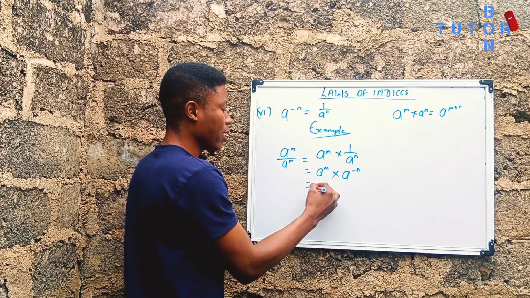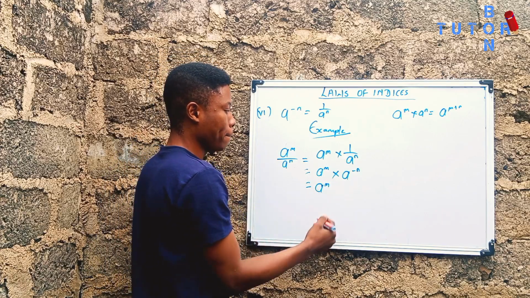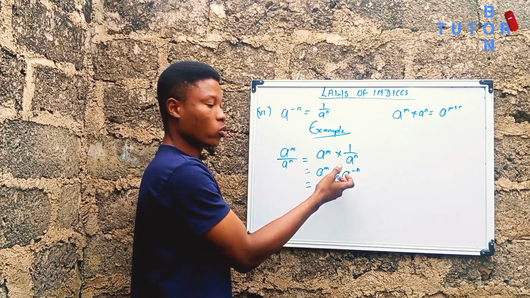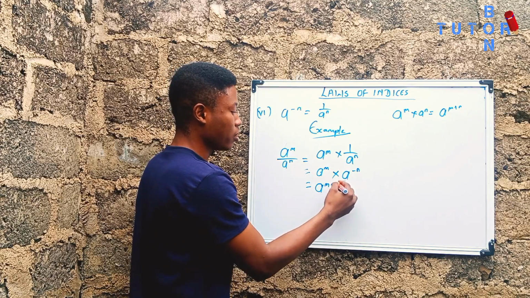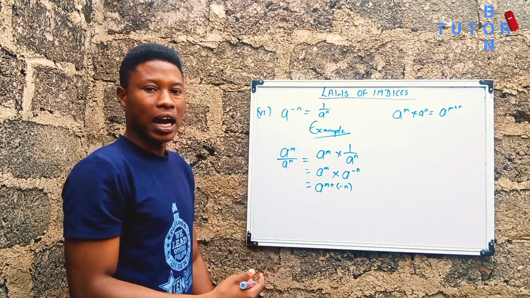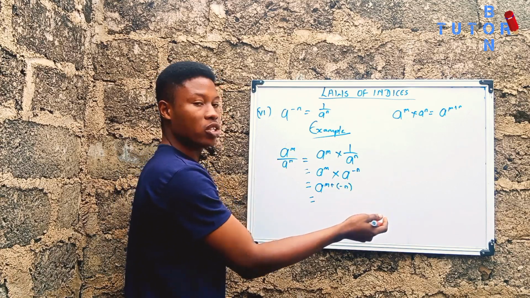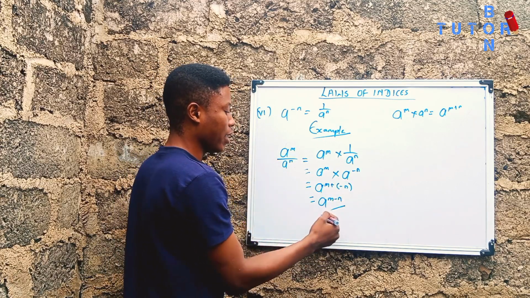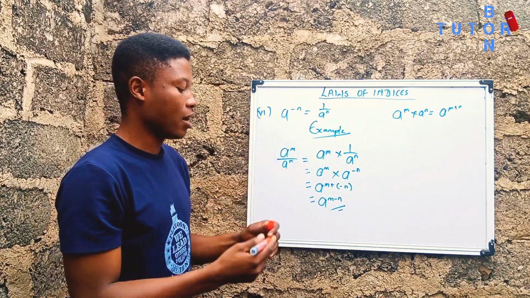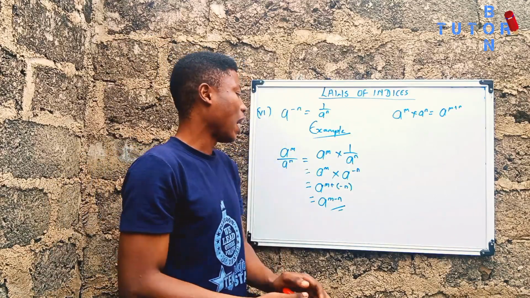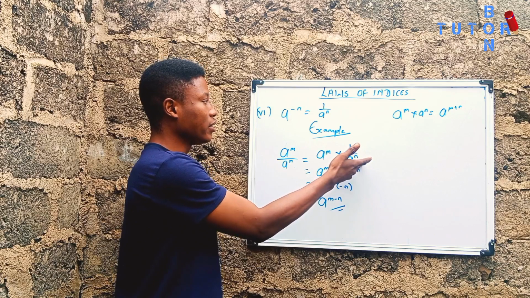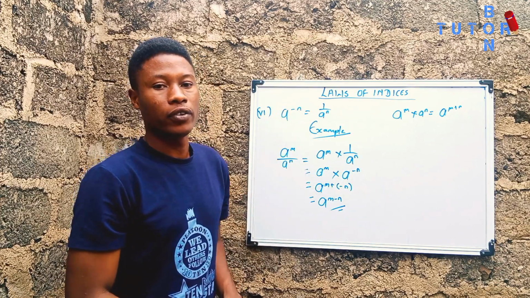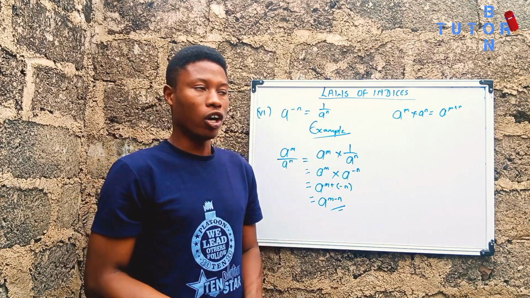So I can say a raised to power m plus minus n, and plus times minus will give you minus, so I'll be having a raised to power m minus n. So I use this example to prove the second law and also to show that this obeys the last law we'll be talking about.